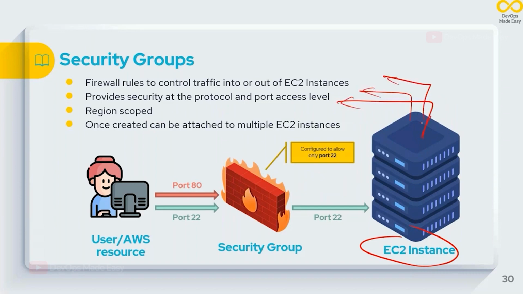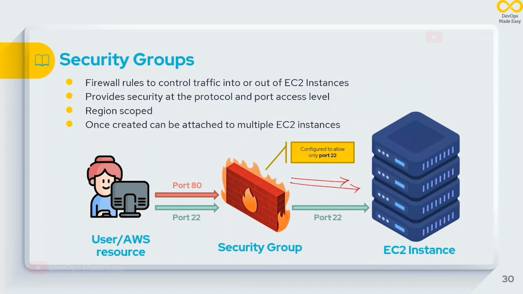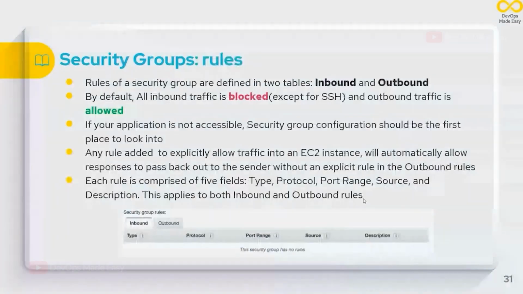All the outgoing requests are open, with no restriction, and only incoming requests are blocked, except that port 22 is open. These are called inbound and outbound rules. By default all inbound traffic is blocked for your instance except for 22, but all outgoing traffic is allowed.